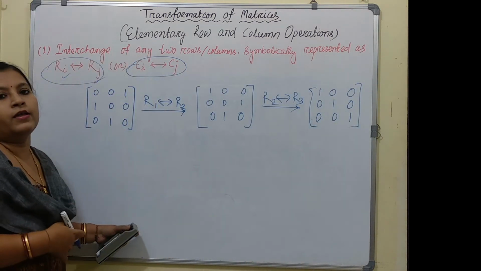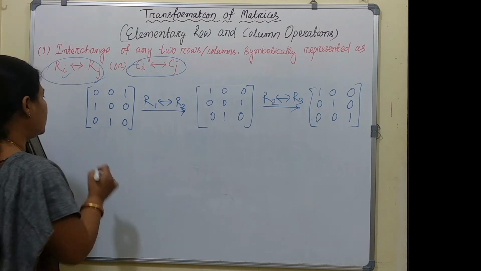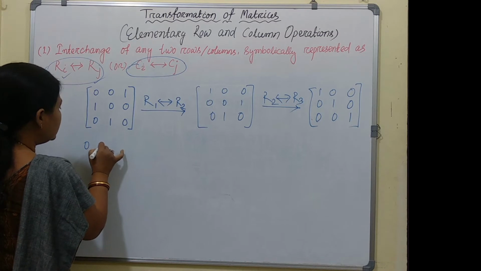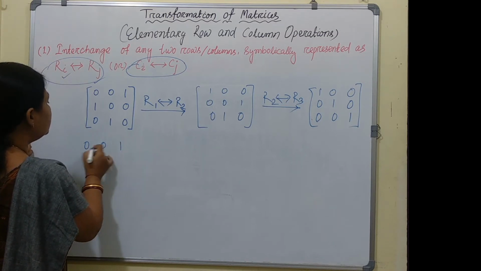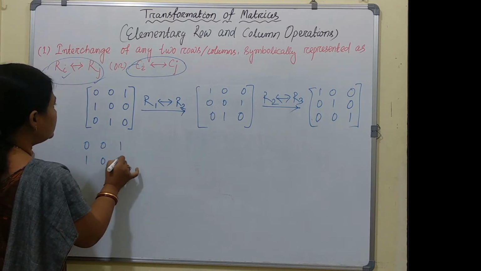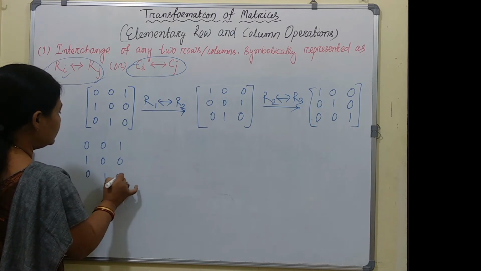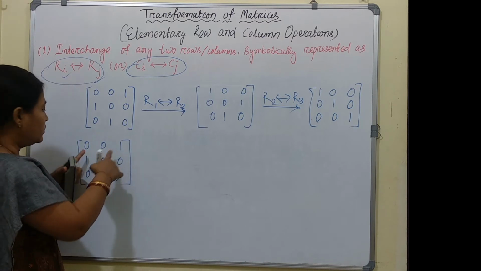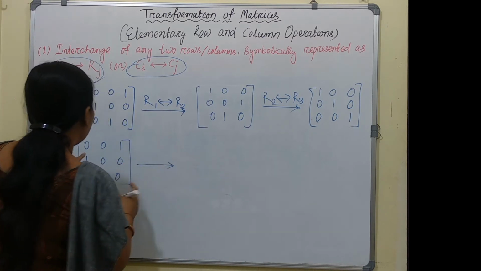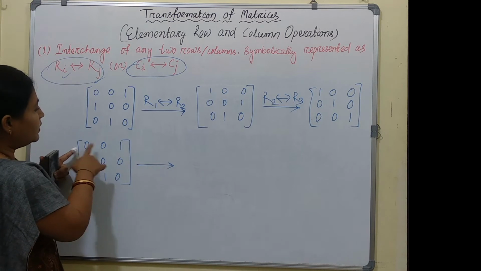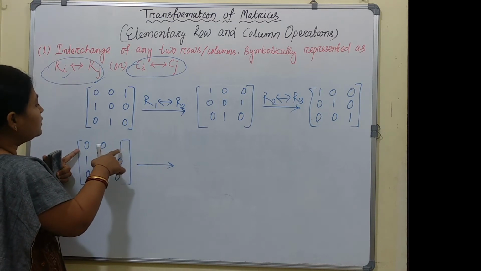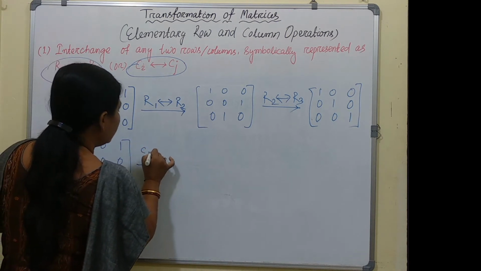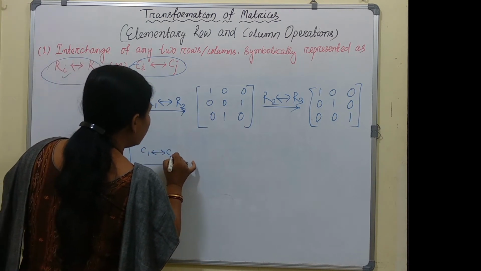Similarly, we can apply elementary column operations. Now applying the column operations, this is the given matrix: 0 0 1, 1 0 0, 0 1 0. We can interchange any 2 columns. First interchange column 1 with column 3.